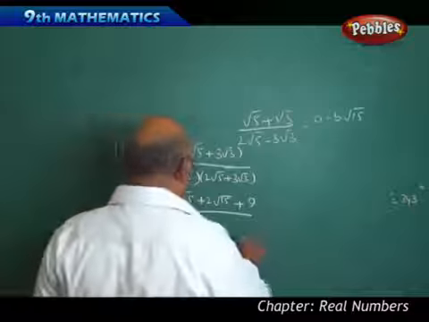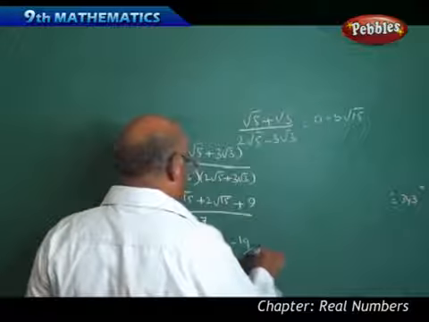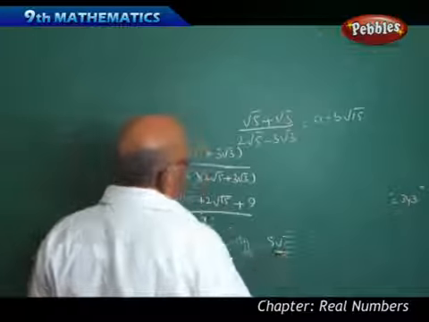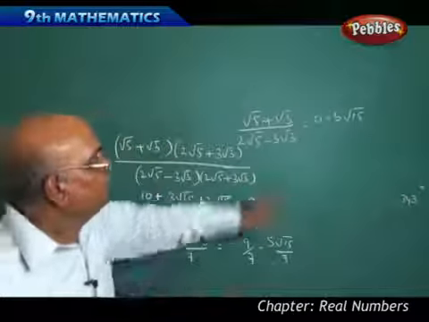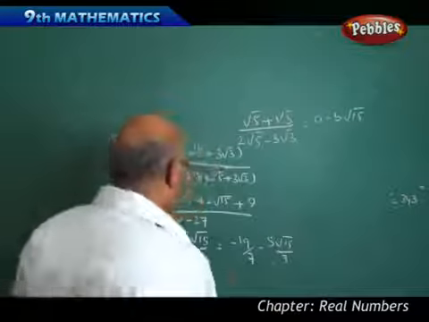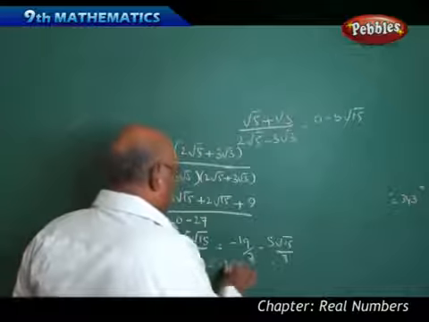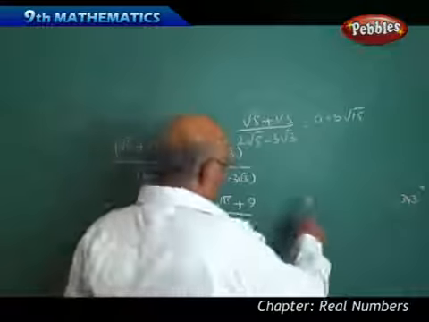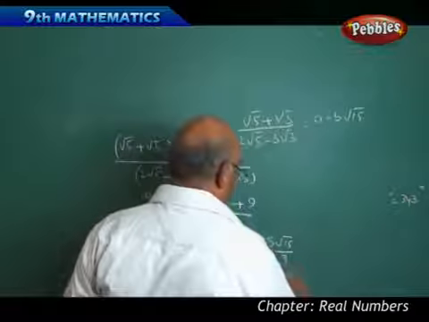This entire thing you can write as minus 19 by 7 minus 5 root 15 divided by 7. Therefore, if you compare, we are going to get a equal to minus 19 by 7 and b equal to 5 by 7.